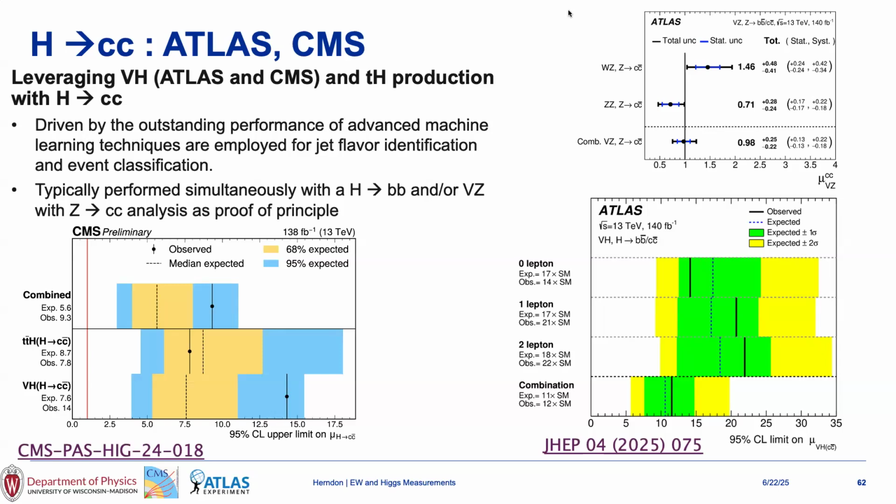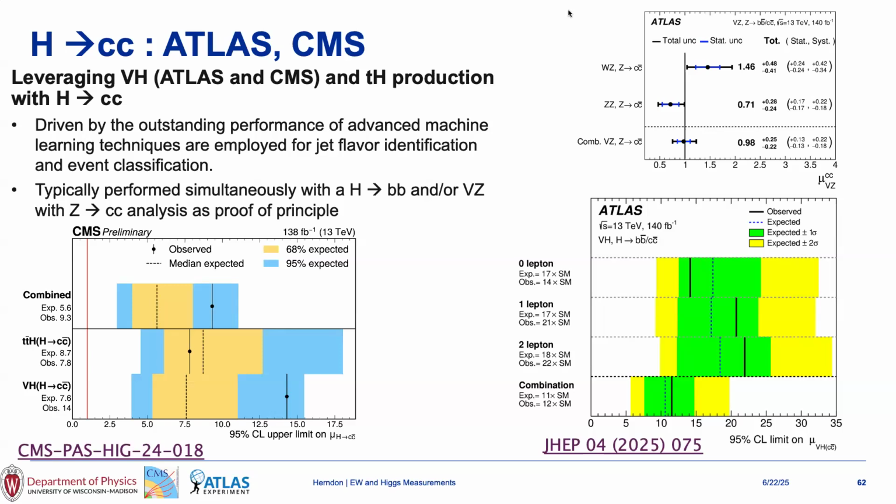Separately, the expected was 8.7 and 7.6, and you combine them together, you get 5.6. But we saw an excess actually in VH with H to CC, not one necessarily that's compatible with the standard model expectation because it's up here at 14 times the standard model. So it's probably just a statistical fluctuation.